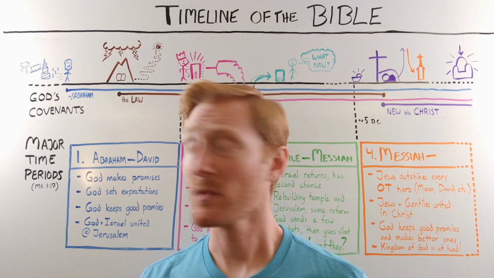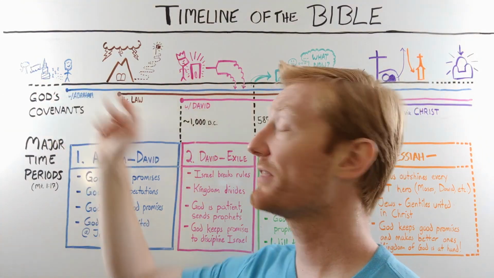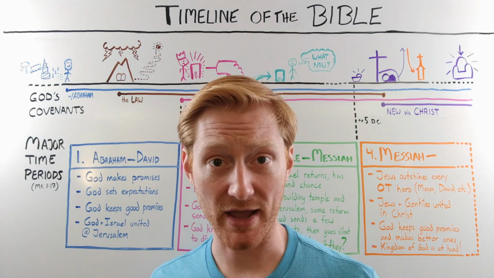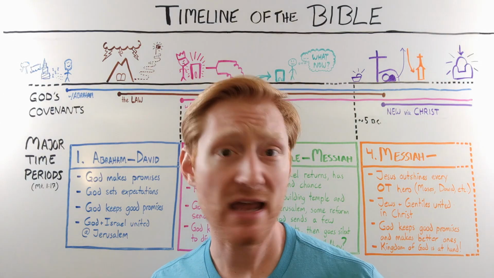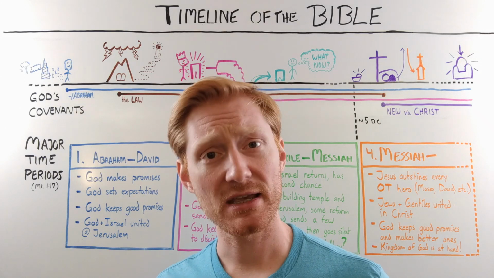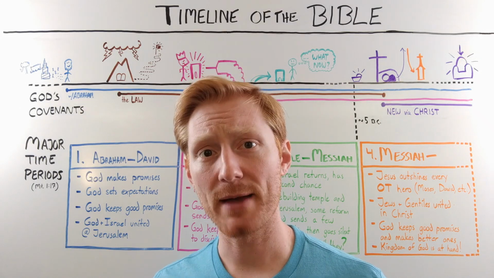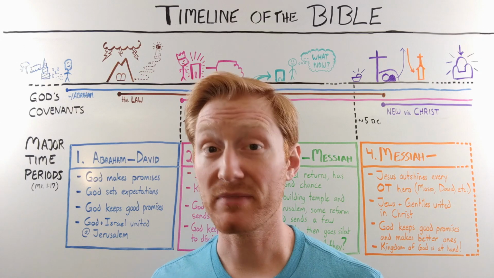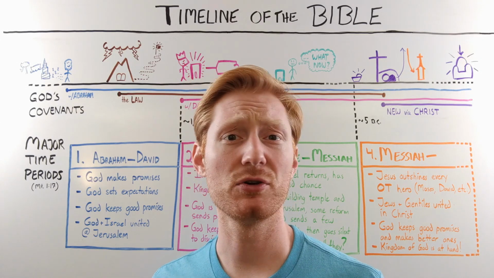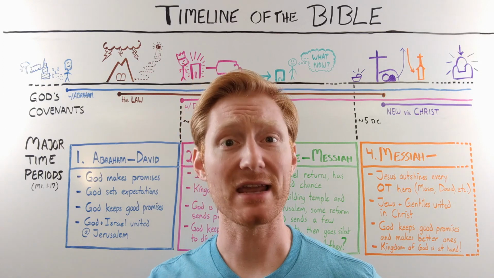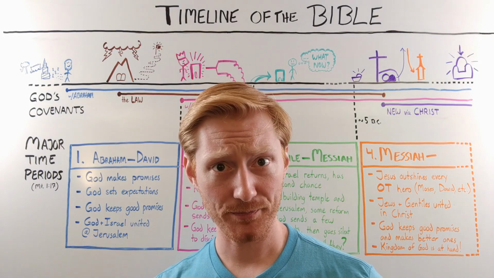of the Bible. The first covenant is one that God makes with a man named Abraham. Now, Abraham is an old man, he doesn't have any children, and God comes to him and says, "Good news, Abraham, I am going to give you many descendants. From those descendants, you're going to see a great nation. Kings will come from you."